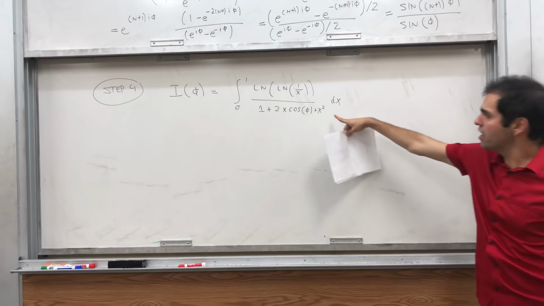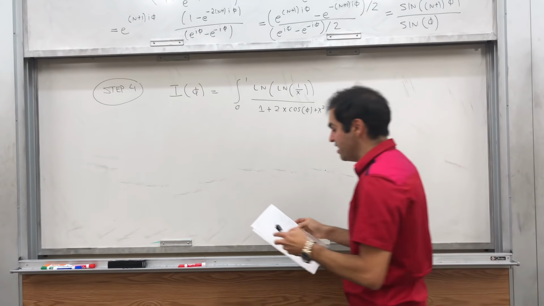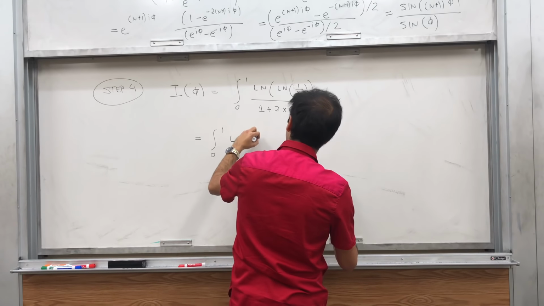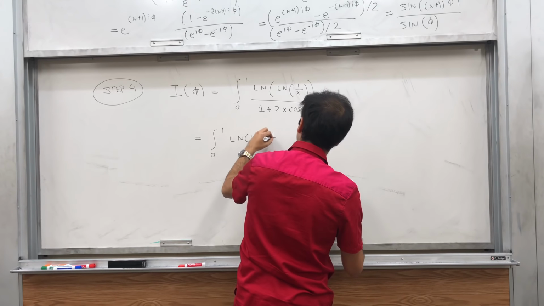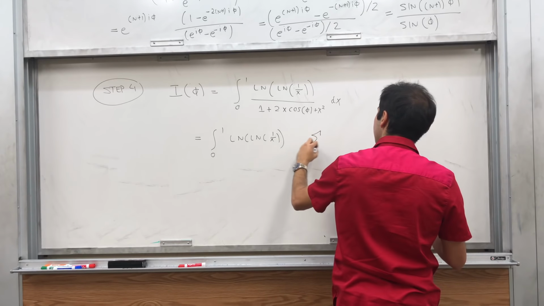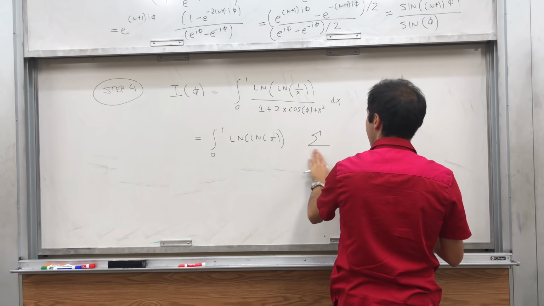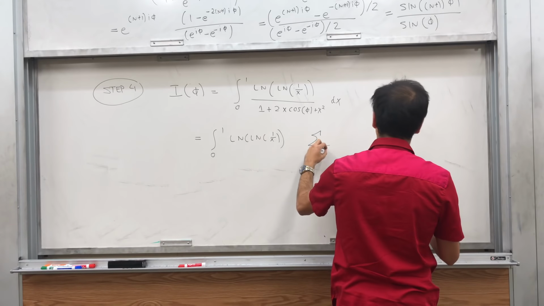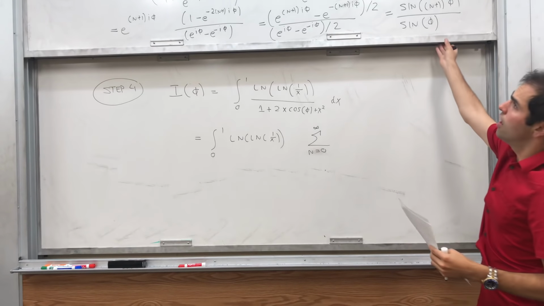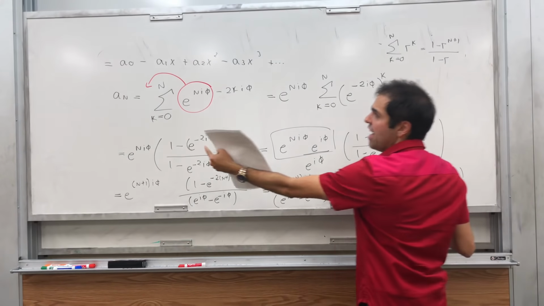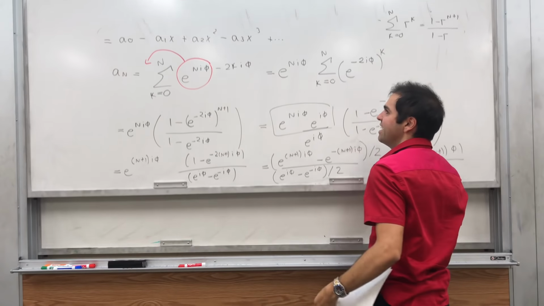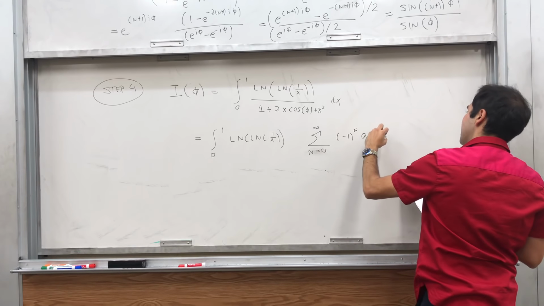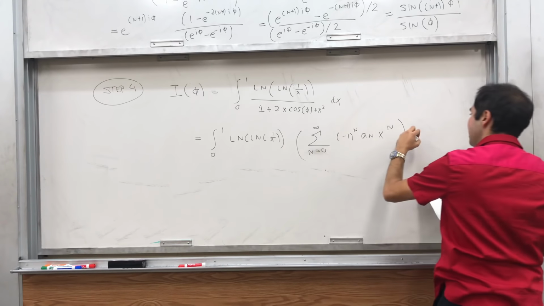And now this bottom thing, we were able to write as a very nice series, so that was the integral from 0 to 1 of this top, ln of 1 over x, times the sum from n equals 0 to infinity of, here we had this alternating series, so technically minus 1 to the n, a_n, and then x to the n, dx.